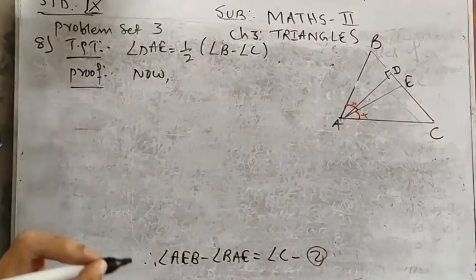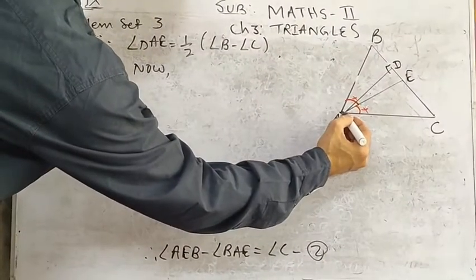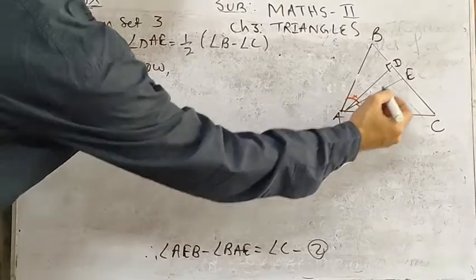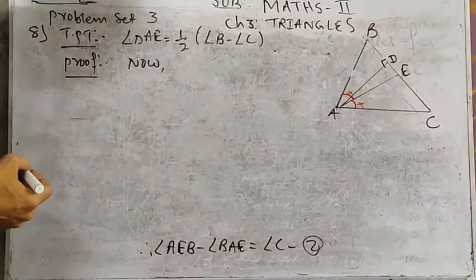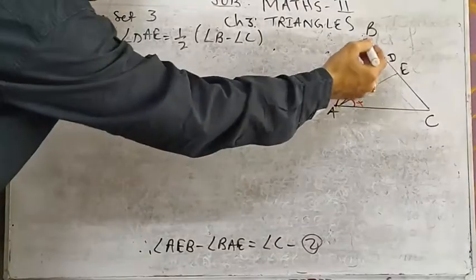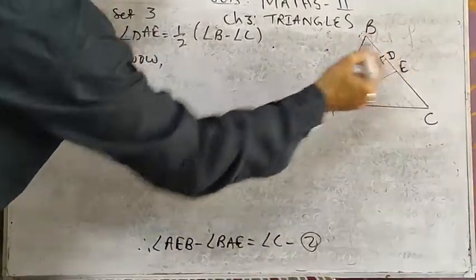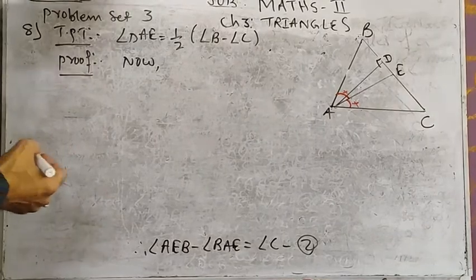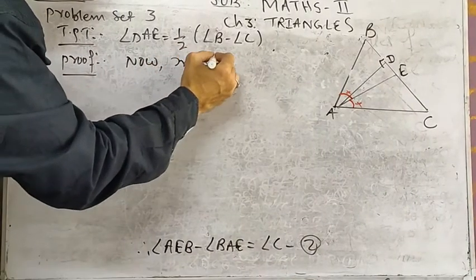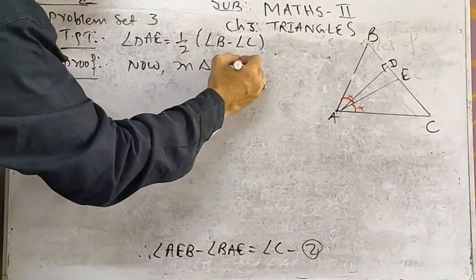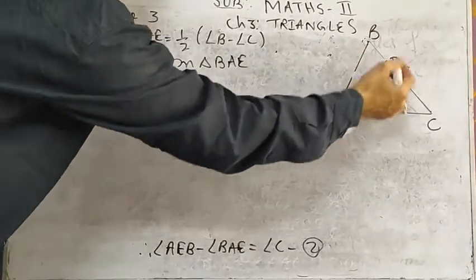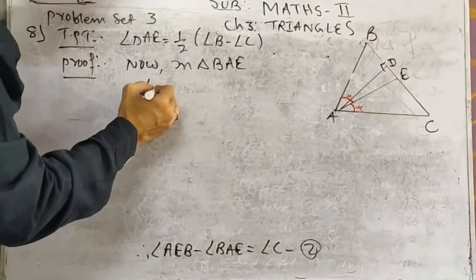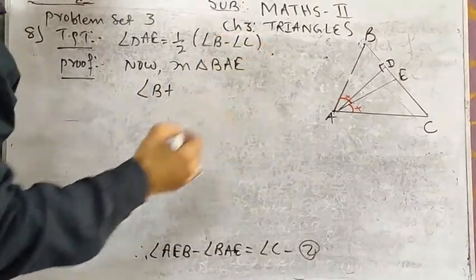Okay, now after this you will take the help of this triangle AEB. Okay, in triangle AEB, or you can write BAE also. Is that clear? Now in triangle BAE, this triangle BAE or AEB, anyhow you can write. So angle B, you know sum of the measure of three angles is 180.